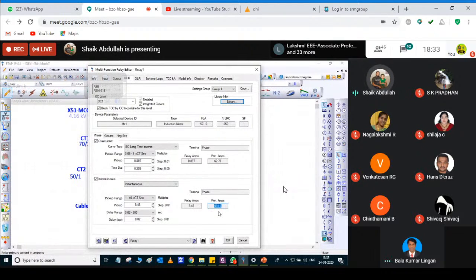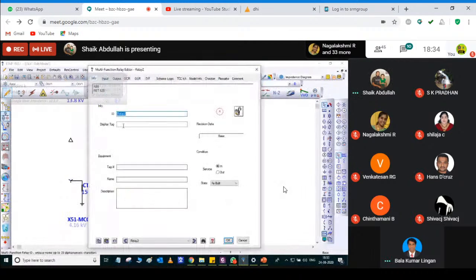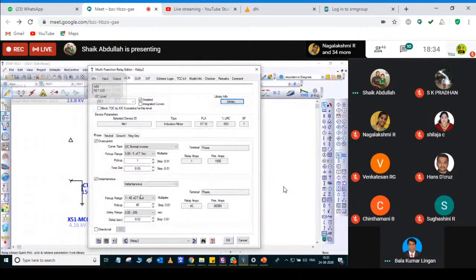So 593 plus 400, you have to add something. So 1.2 divided by 1500 is 0.86. So 0.86 is not supposed to be given, so you have to go with 1 only.